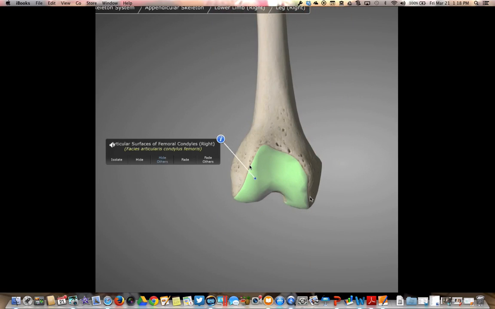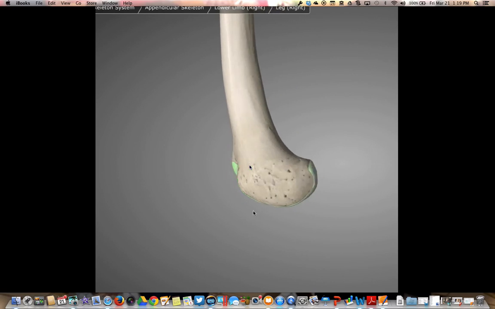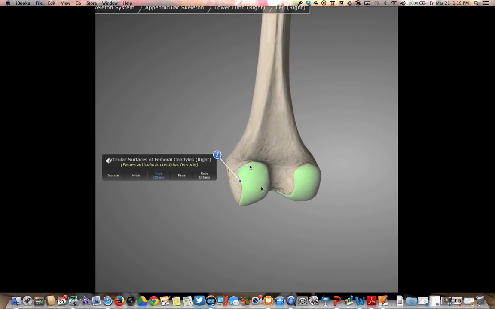We'll see this cartilage in greater detail over the trochlear aspect on the superior view as well as the middle view. The posterior aspect will be difficult to see from the front. We'll have to visualize that when we do our posterior views.